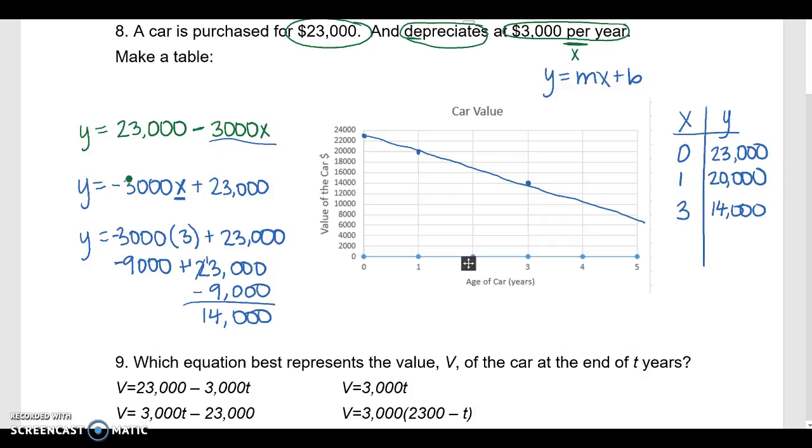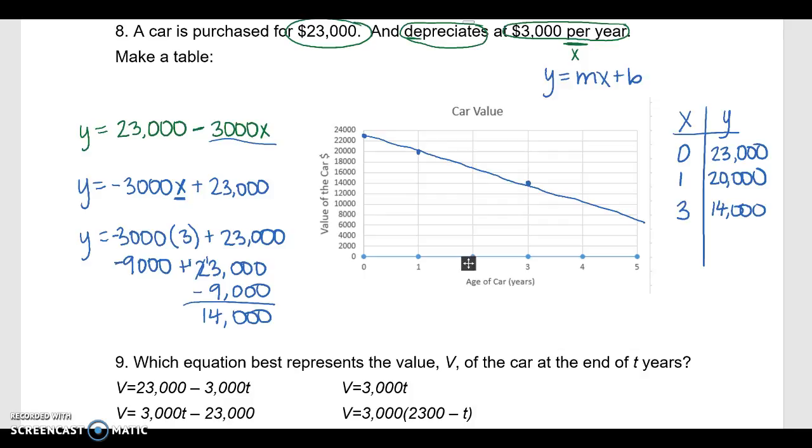So if you look at number 9, it says which equation best represents the value v of the car at the end of t years. So what it wants us to do is change out y and x for v and t. So we just need to figure out which one's which. So v is the value, t is the number of years.